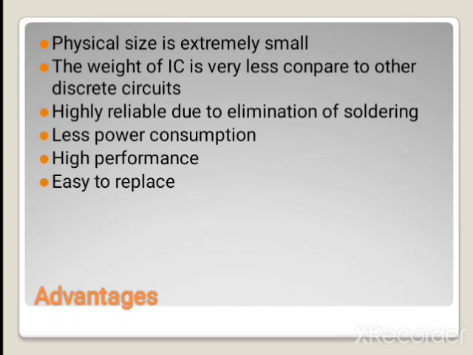Then as the size is small, weight is also very less as compared to other circuits. Then they are highly reliable due to elimination of soldering. Suppose you design a PCB, then you might have an idea that there is soldering, and because of that soldering the circuit becomes complicated. So here the advantage is that they are highly reliable.